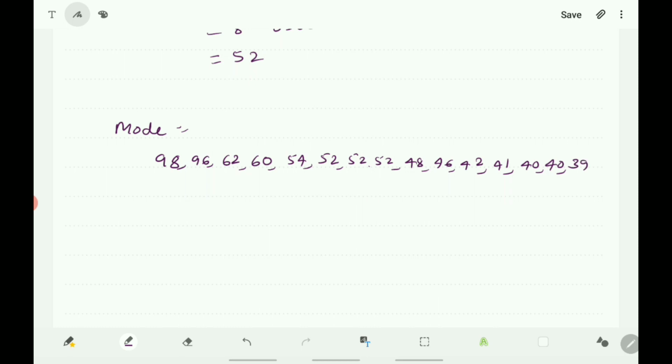Here the most repeated score, the most repeated observation, is 52. It is repeated 3 times. So therefore mode is equal to 52. So this is about the calculation of mean, median, mode with an example.